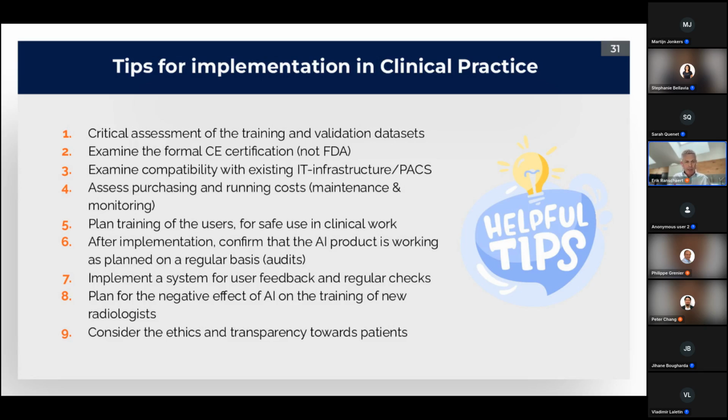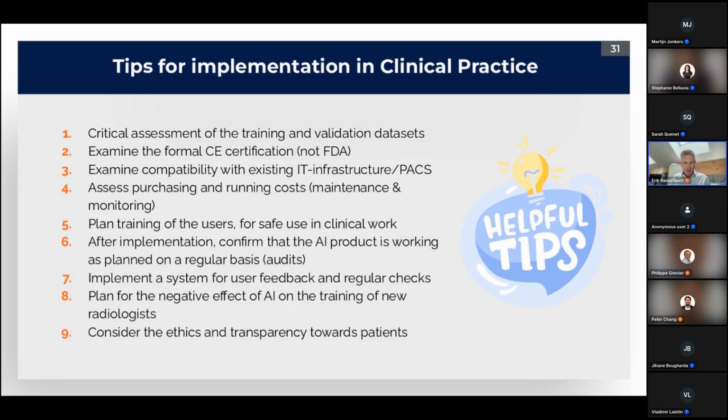The fourth tip is to assess purchasing and running costs. Don't forget that there are also costs involved in maintenance and monitoring of the solution. Do plan the training of the users, because you have to safely use these applications in your clinic. After implementation, you should confirm that the AI product is working as planned on a regular basis.